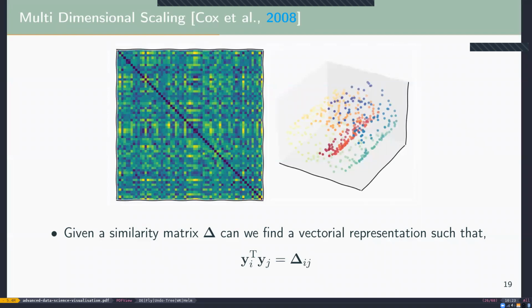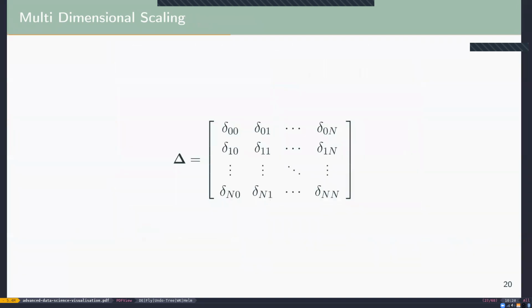We've been given, or we've calculated, some form of n by n matrix which says how similar or dissimilar each point is to each other, and now we want to recover a vectorial representation that matches this.